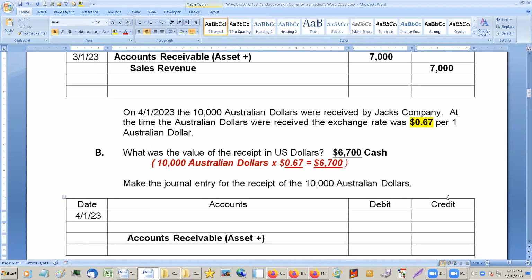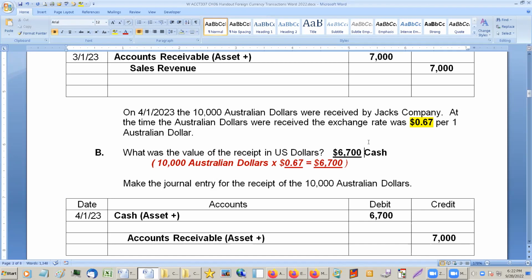So we're gonna take this off at 7,000. We're getting cash, 6,700. So cash is an asset going up. Uh-oh, they don't balance.